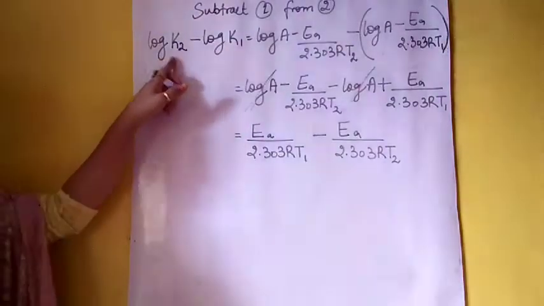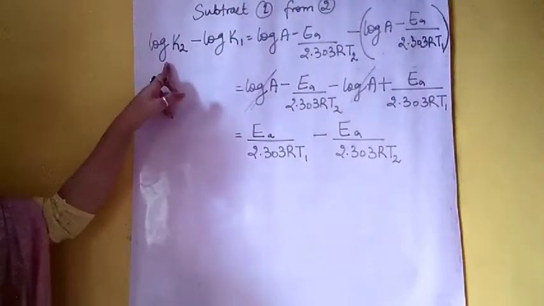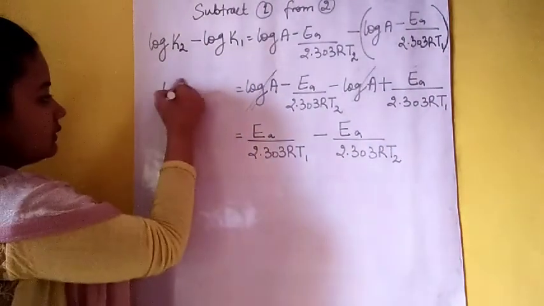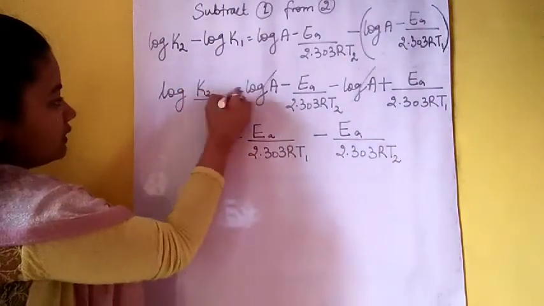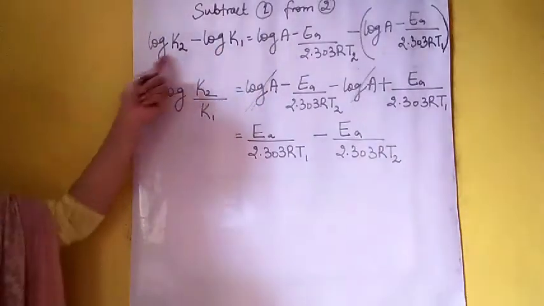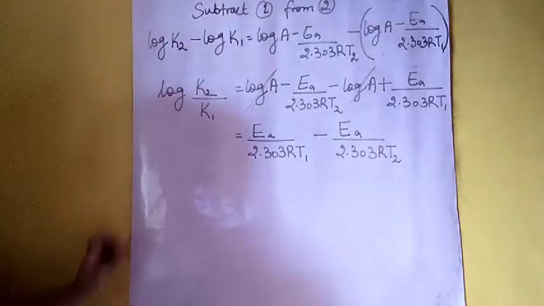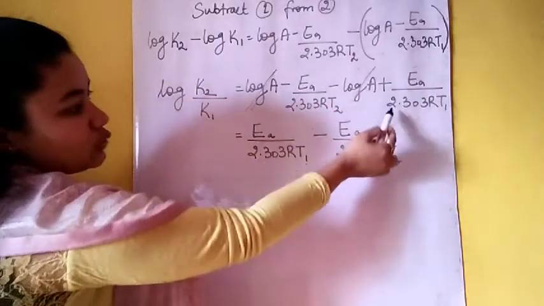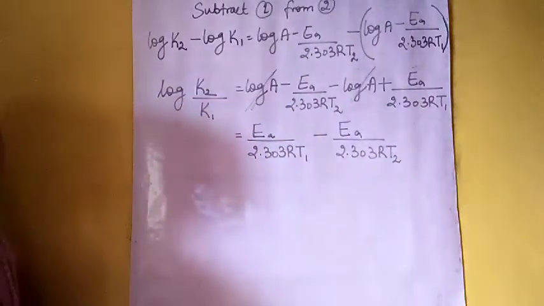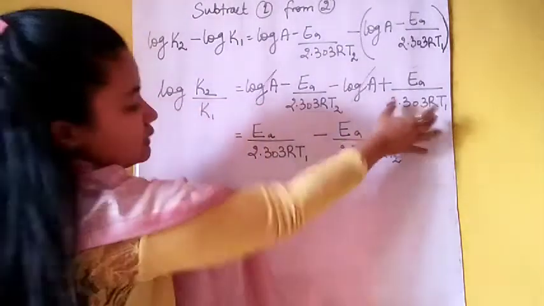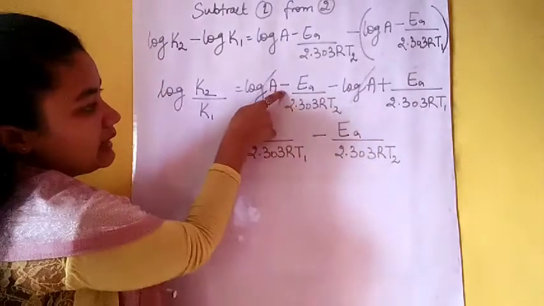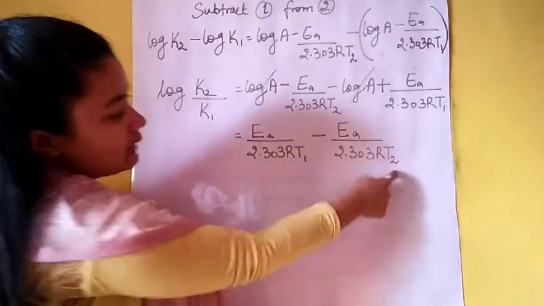Now log K2 minus log K1, we can apply log A minus log B, which is log A upon B. So log K2 by K1. So we have applied the formula here, right? Now plus EA upon 2.303 R T1, I have shifted the plus term forward so as to write in a proper manner. So we write the plus term first, that is EA upon 2.303 R T1, and minus EA upon 2.303 R T2.